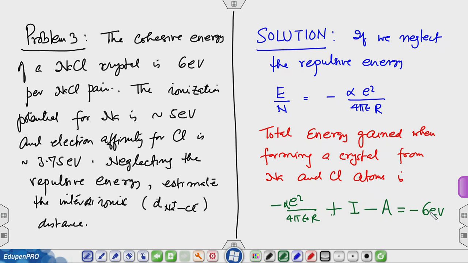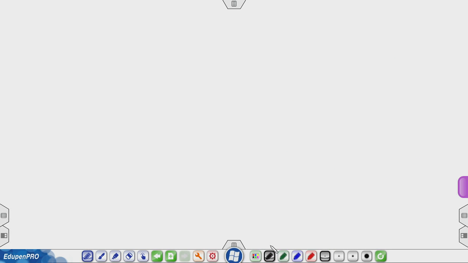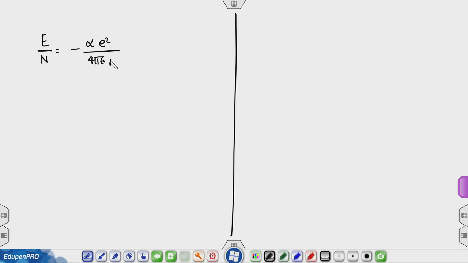So, what we have is that E by n, which is minus alpha E square over 4 pi epsilon naught r plus I, which is 5 eV roughly, minus A, which is 3.75 eV, is equal to minus 6 eV.